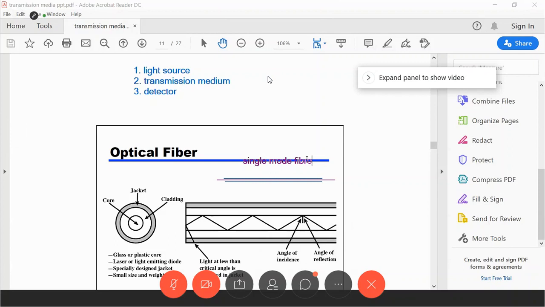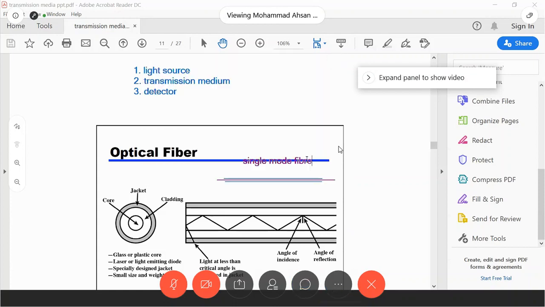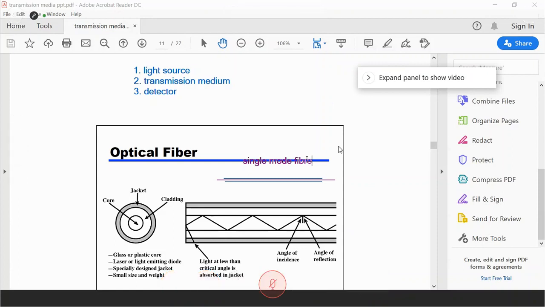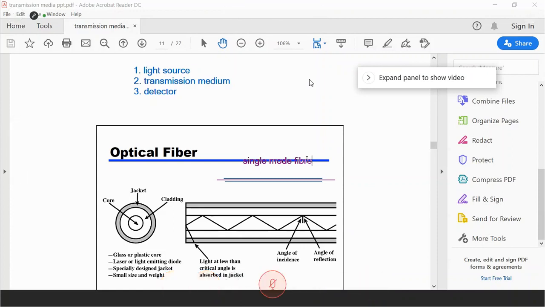That can happen in digital transmission as well, in which tapping can be done. But you cannot break this optical fiber and listen to it. It's not easy to do that because obviously it would have a lot of loss and you cannot transmit data with loss in the fiber.